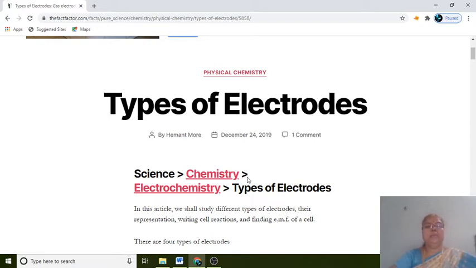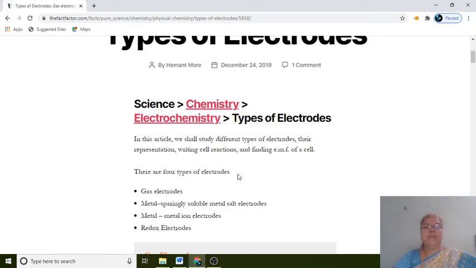Then the next point here is types of electrodes. For your study, there are 5 types of electrodes. The first type is the metal ion electrode, then the gas electrode. In this, there are electrodes such as hydrogen gas electrode, chlorine gas electrode, and oxygen gas electrode.